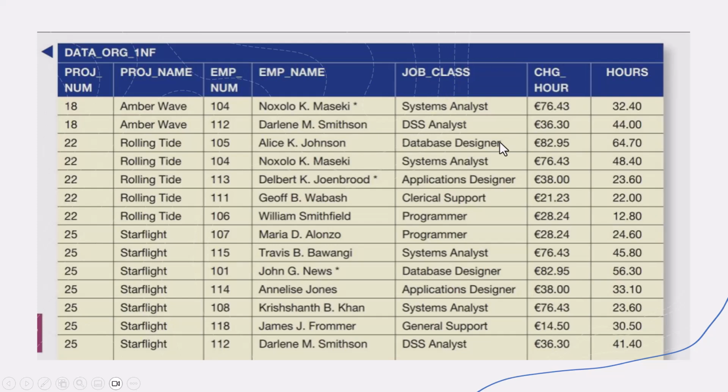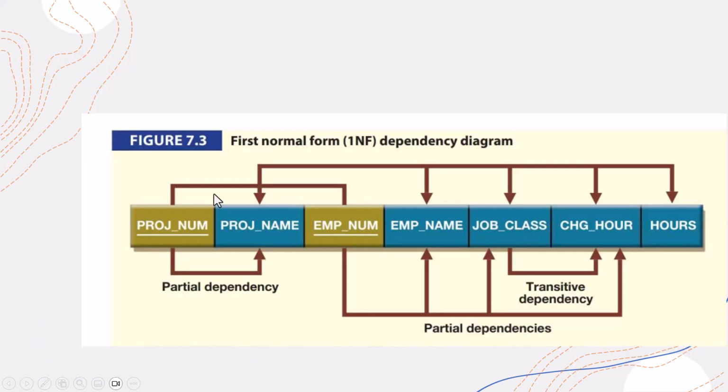So we have a dependency here, and this dependency creates redundant values. I don't need to type the project name if I have the project ID. So the project name depends on the project number, and the employee name, job class and hour rate depend on the employee number.